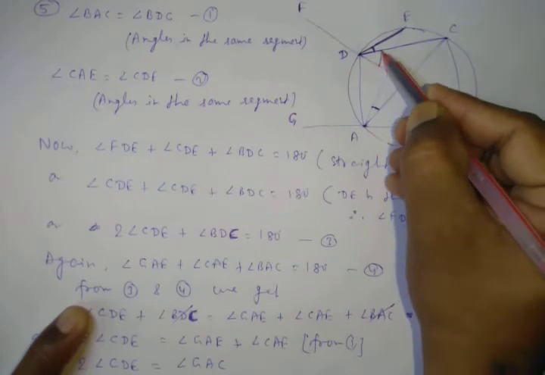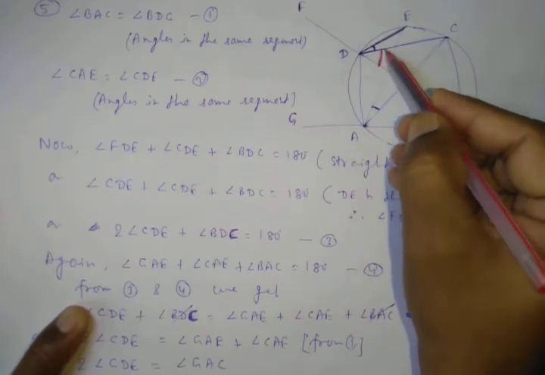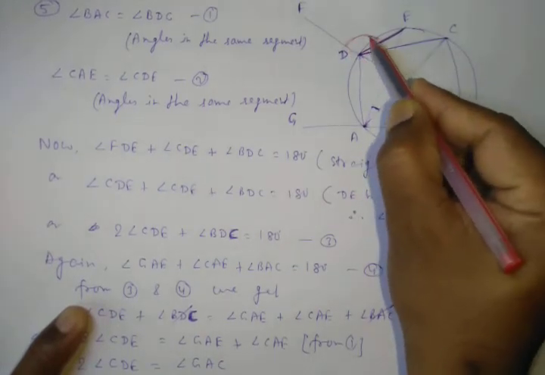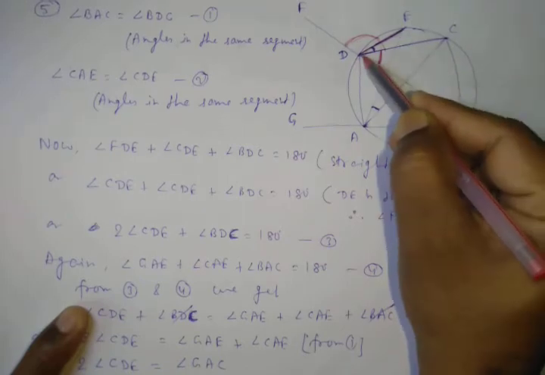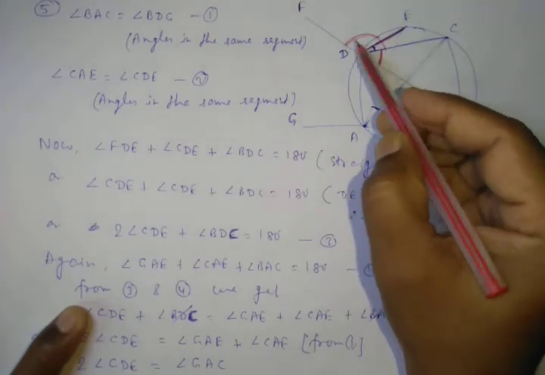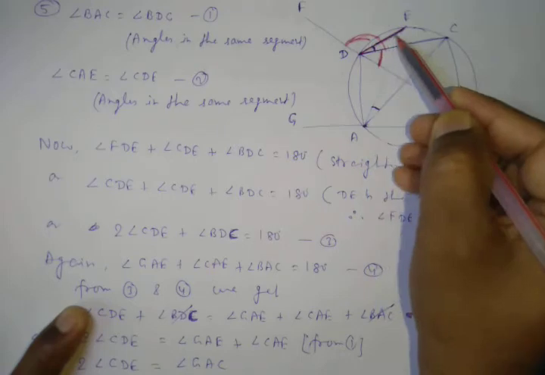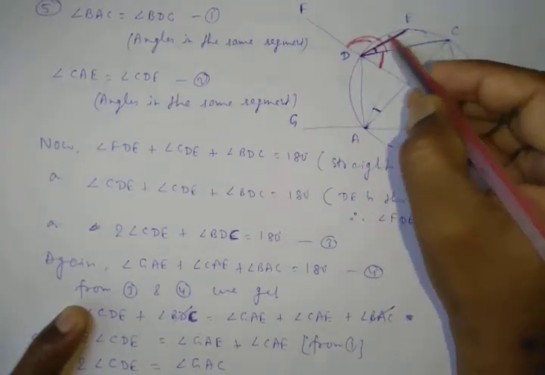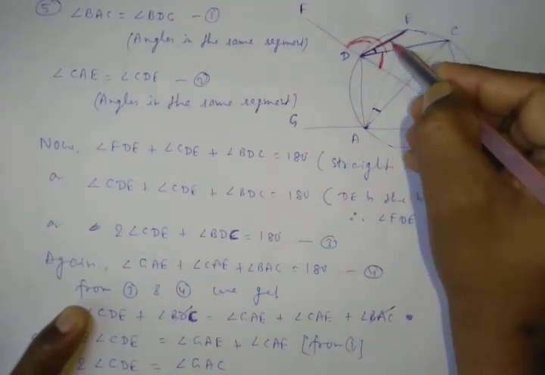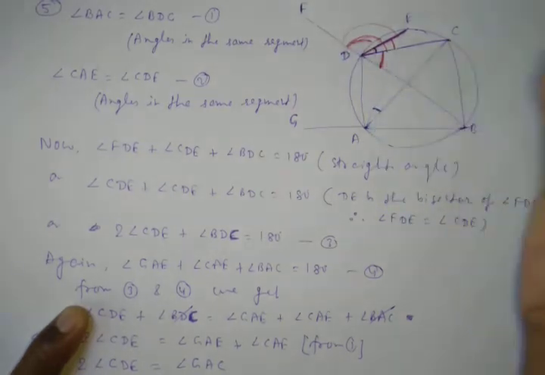This is the angle BCD, and its exterior angle is this, and DE is the bisector of this angle. Bisector means that these two angles, this angle and this angle, are equal.